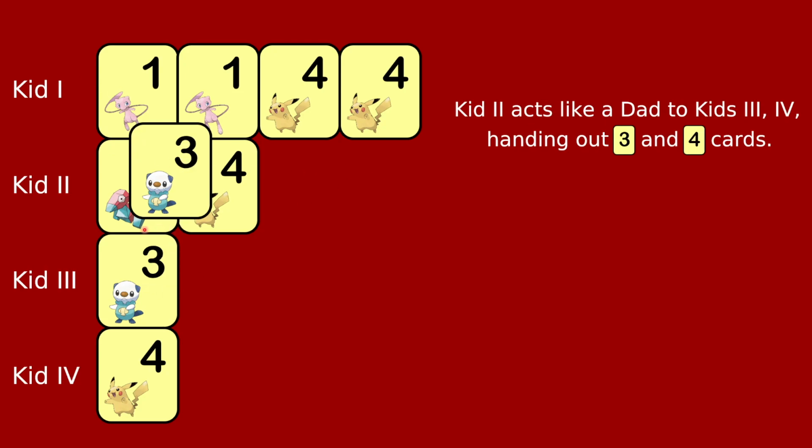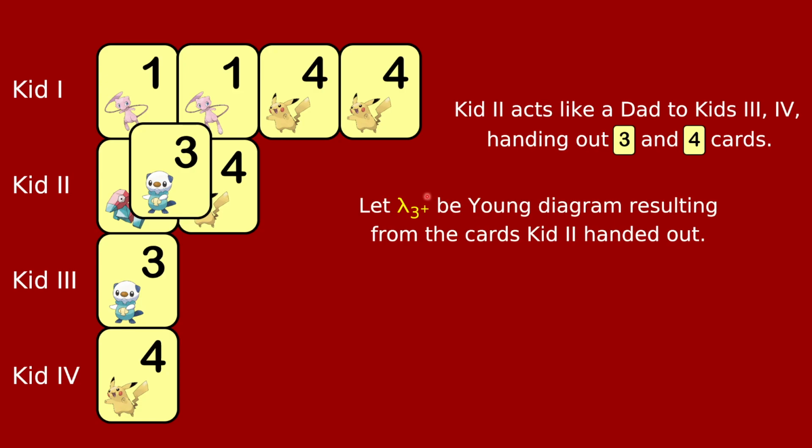So as time goes on, kid 2 in a paternal fashion dishes out some 3s and 4s to kids 3 and 4. And let lambda sub 3 plus be the Young diagram resulting from the cards that kid 2 dishes out. And this lambda 3 plus is exactly the shape of the Young diagram you get in the overall process in rows 3 and beyond.